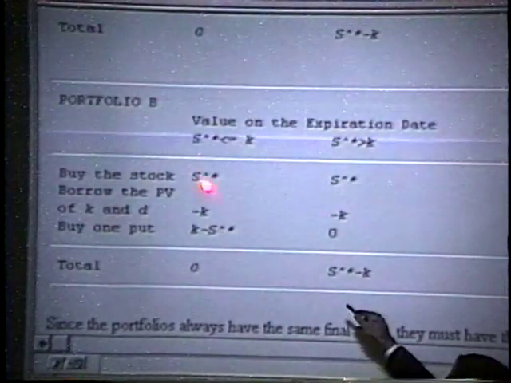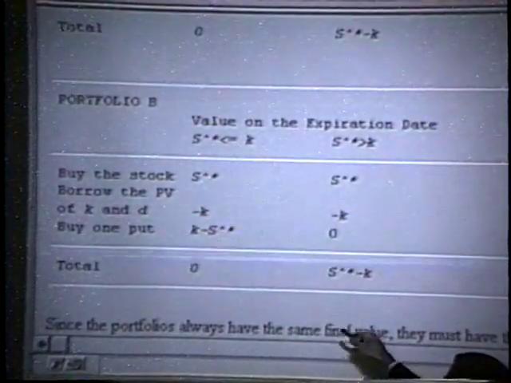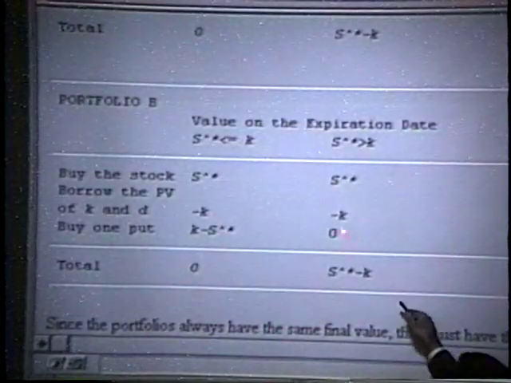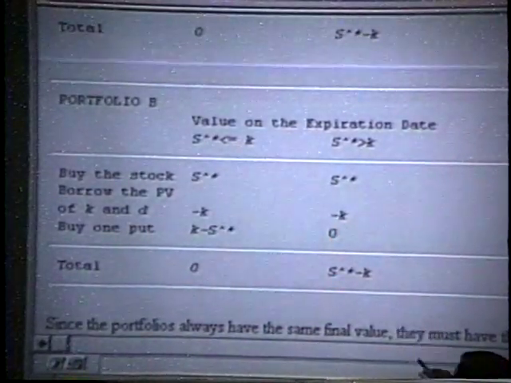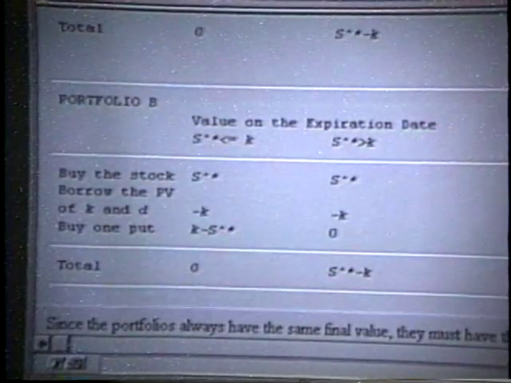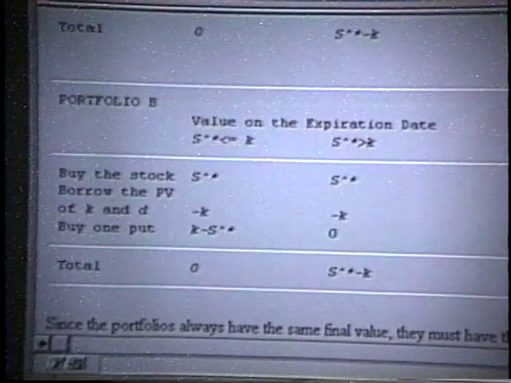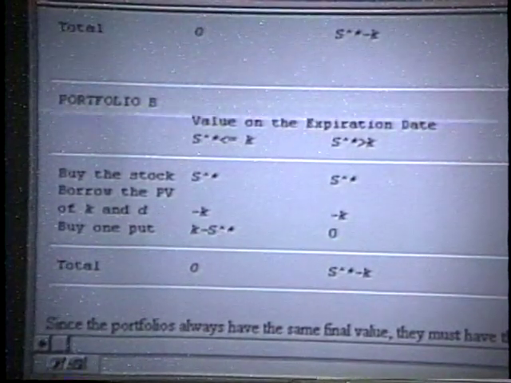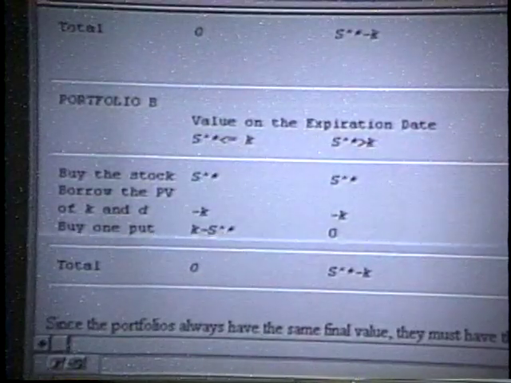Put this together: S star minus K and K minus S star equals 0. Over here, S star minus K plus 0 equals S star minus K. Again, what we've done is we've added a layer of complexity, which is the dividend, but we've preserved the basic idea of put call parity.